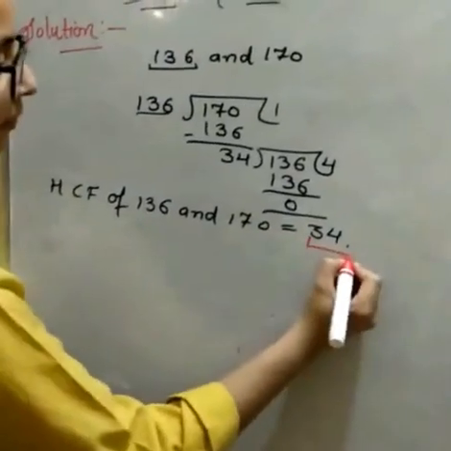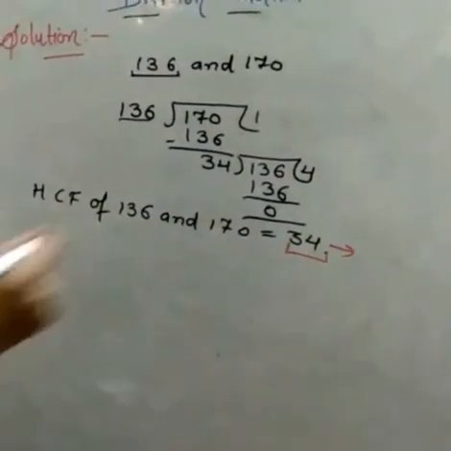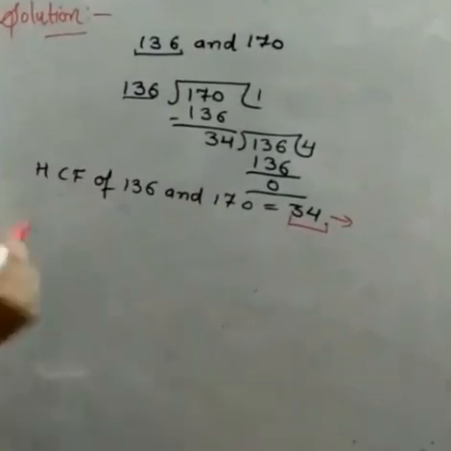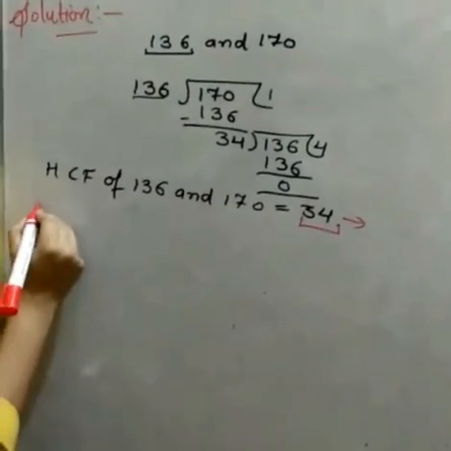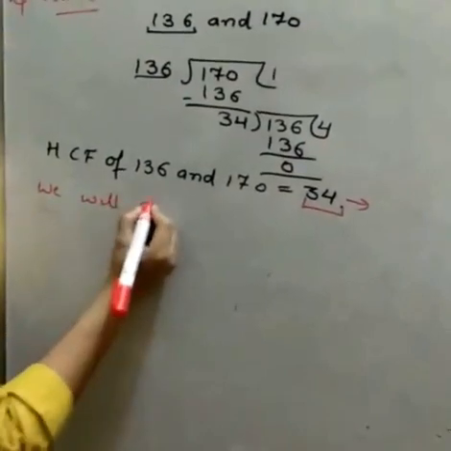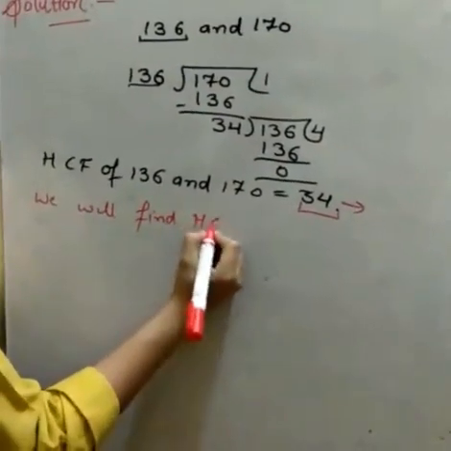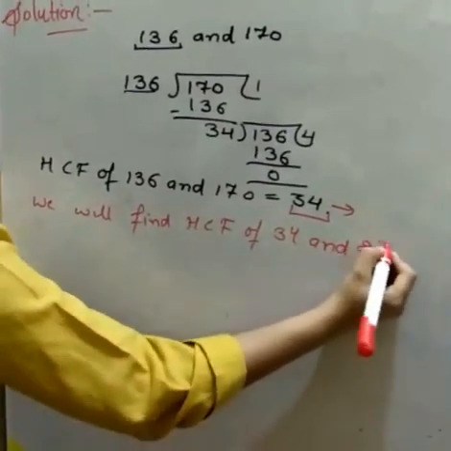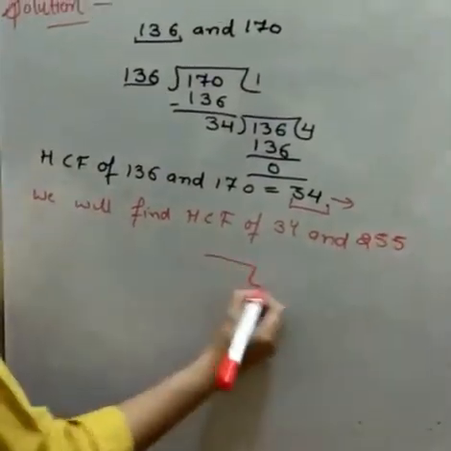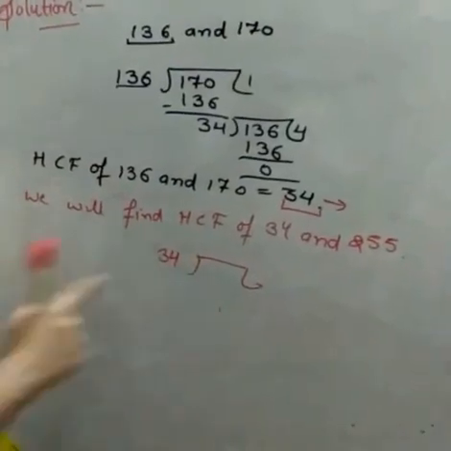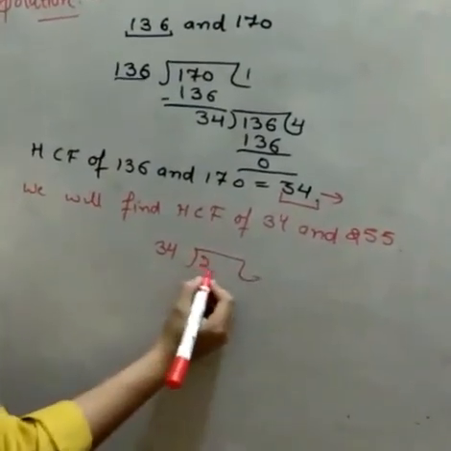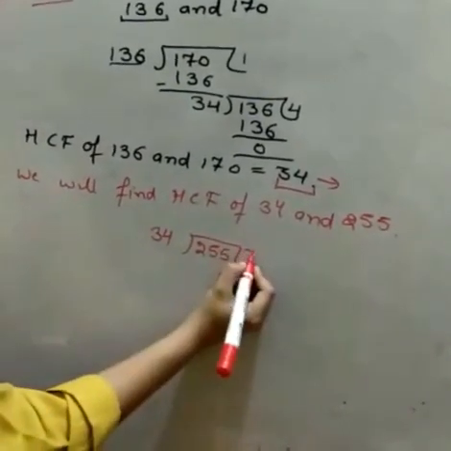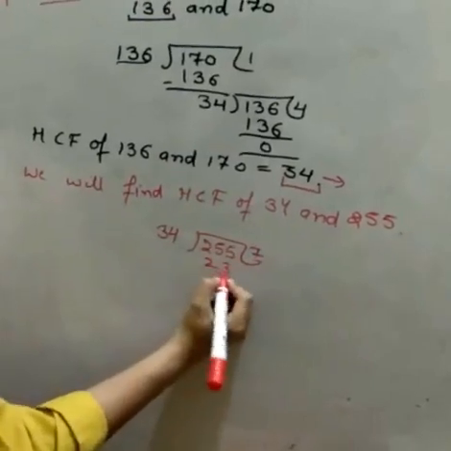Now this 34 will become divisor and 255 will become dividend. Now we will find the HCF of 34 and 255. So 34 is divisor and 255 will be dividend. Now 34 sevens are 238.